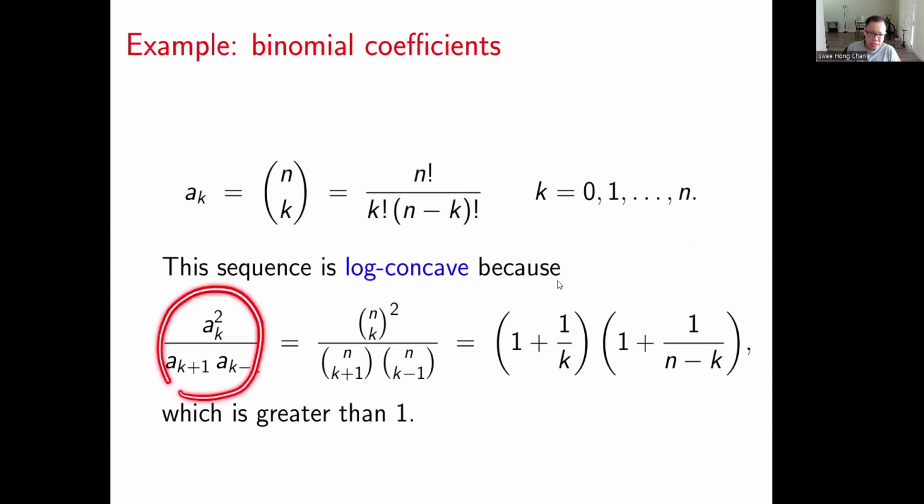You calculate this ratio, you do some calculation at the back of the envelope, and at the end, you will get that this number is equal to 1 plus 1 over k times 1 plus 1 over n minus k. Because k is between 0 and n, this number is greater than or equal to 1. And therefore, this sequence is log concave. Okay?